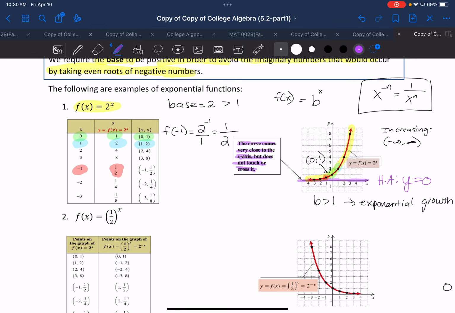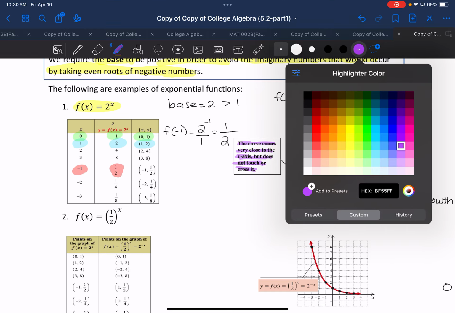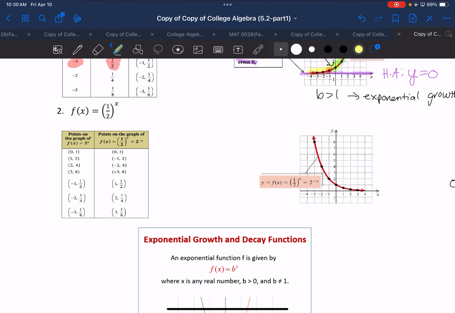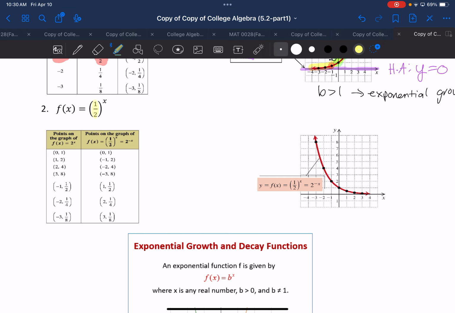Okay, so the other example here is f of x equal to 1/2 to the x power. So in this case, my b is a number between 0 and 1. So it's not greater than 1. It's less than 1, but it's still greater than 0.